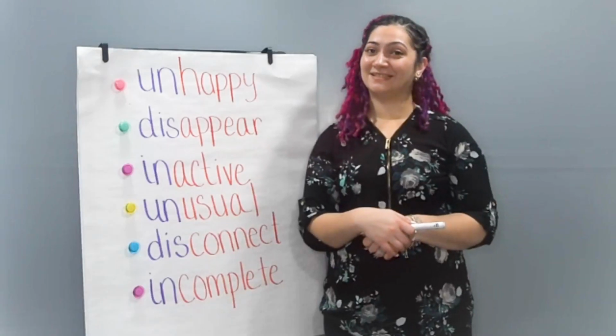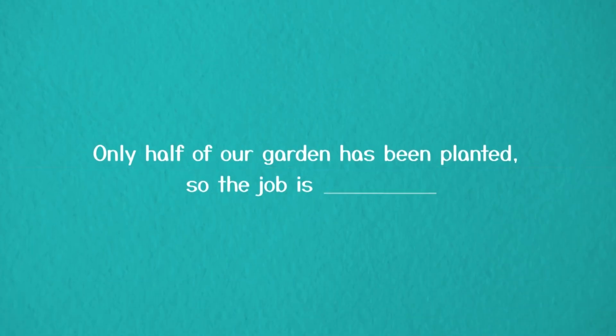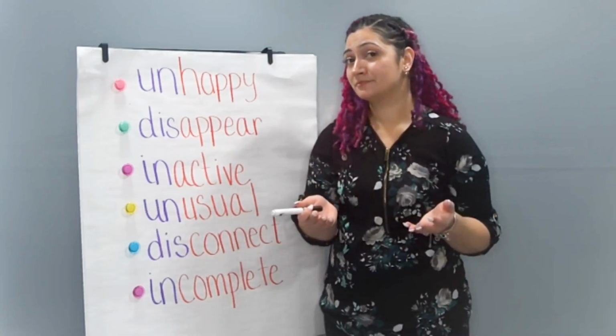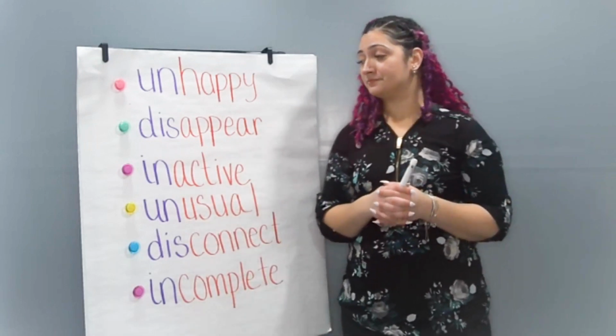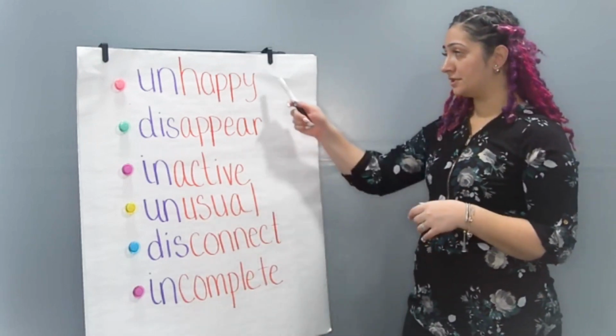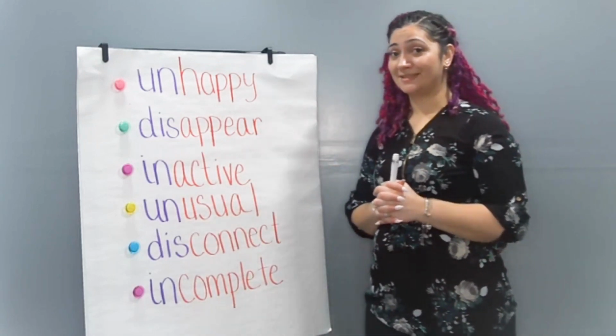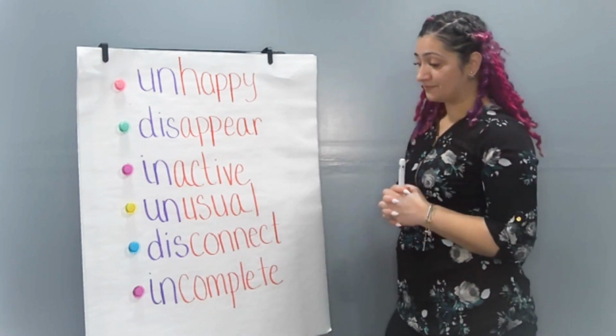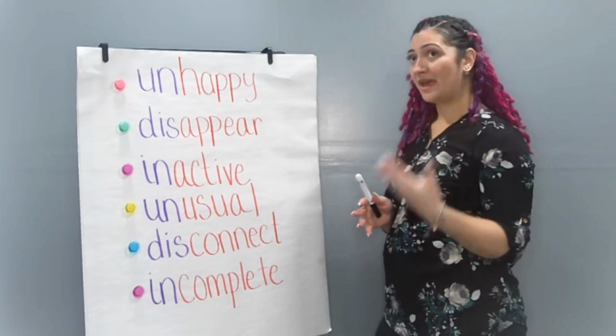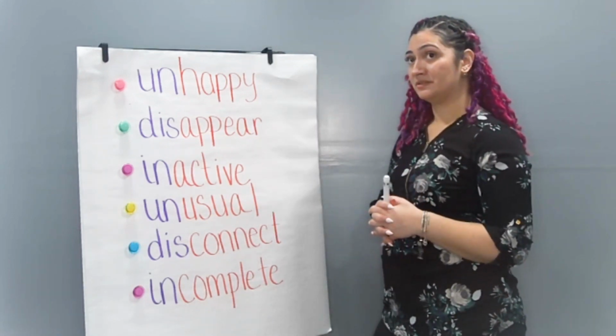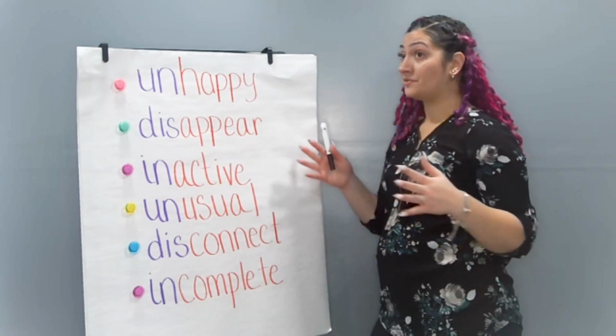All right, last sentence, scholars. Let's read. Only half of our garden has been planted, so the job is blank. Which one of those words is going to fit in that sentence? If only half of the garden is completed, that means it's not all the way done.